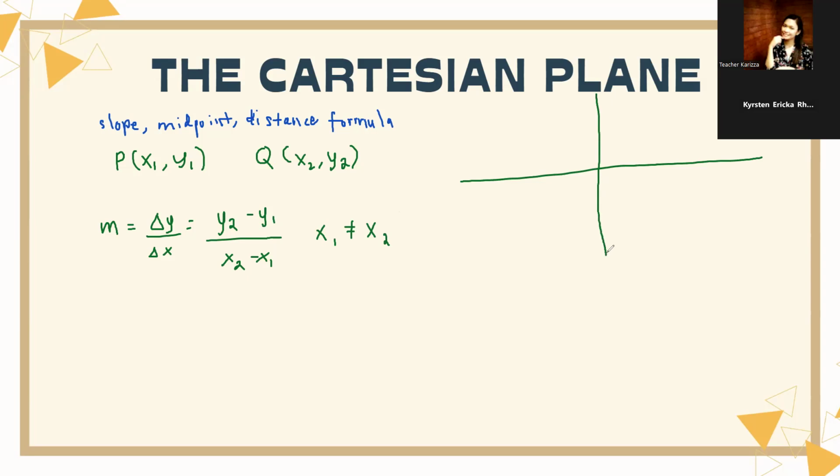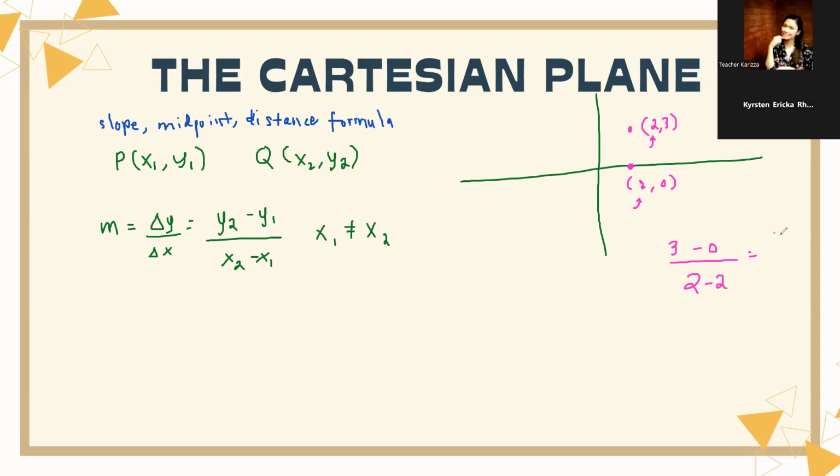I mean, that would be a vertical line. So let's say, for example, you have same x, right? Let's say, kunwari, you have 2, 0 and 2, 3. Same x, same x. Anong mangyayari dyan? You have y2 is 3 minus 0 over 2 minus 2.